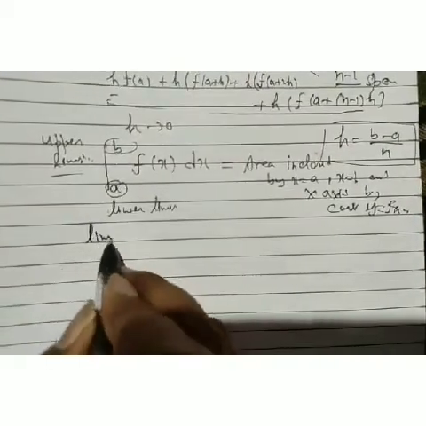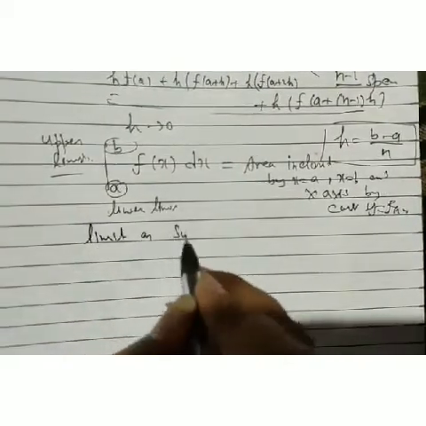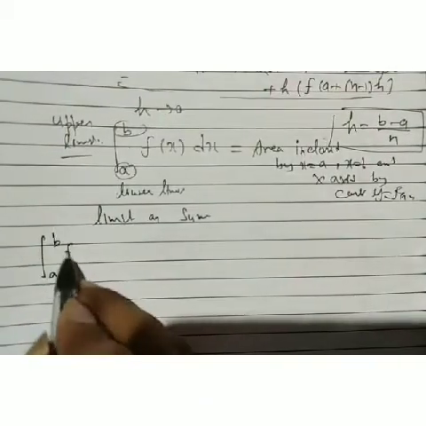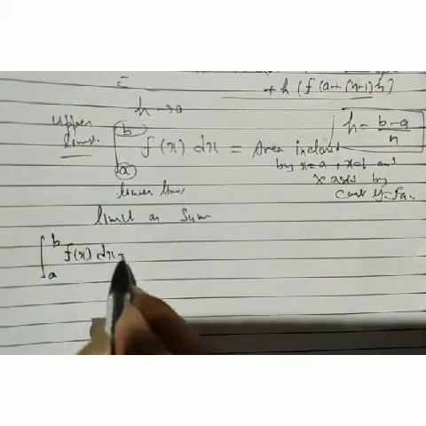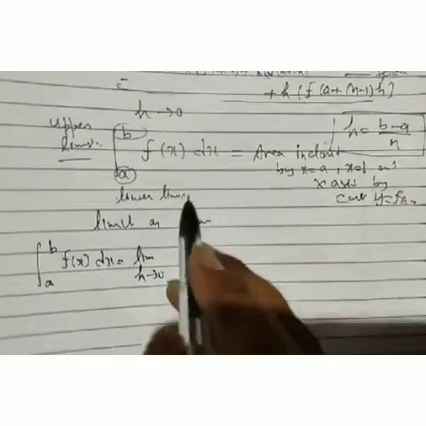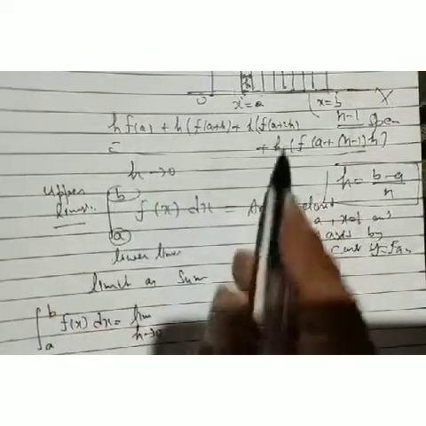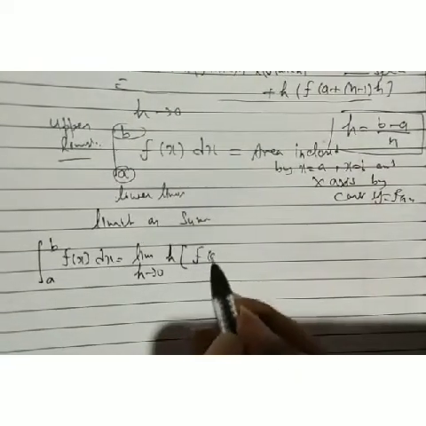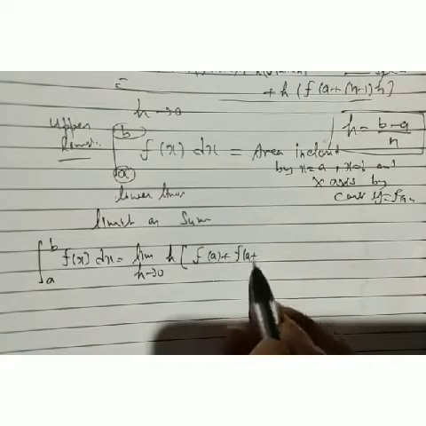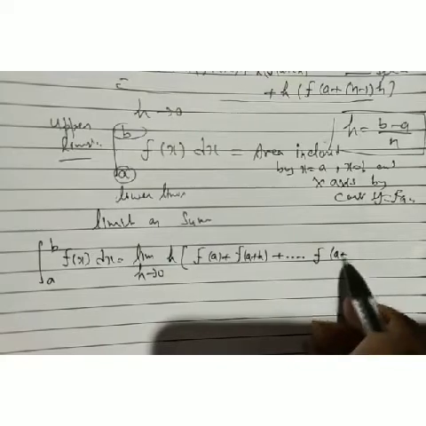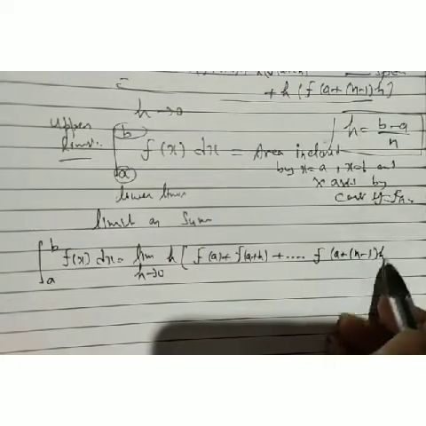Then we define the limit as a sum: integration over a to b of f(x) dx is equal to the limit as h tends to 0 of h, taken common from each, times f of a plus f of a plus h plus up to f of a plus n minus 1 h.